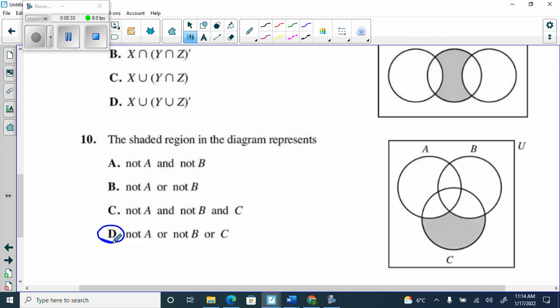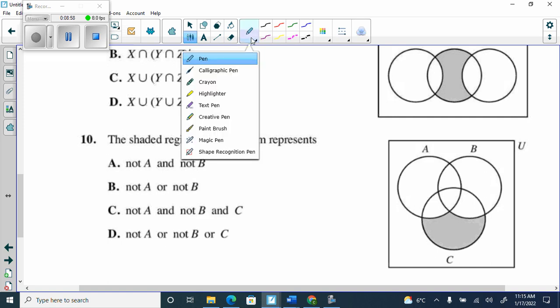Nope, that's a lie. Would it be not A or not B? Yeah, it's C, not A or not B and C. Oh my gosh. Let's do an eraser process. Not A. And if we forget, remember we can do highlighter.